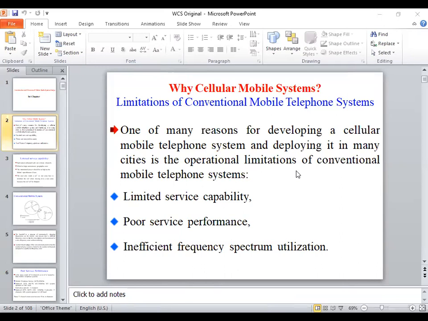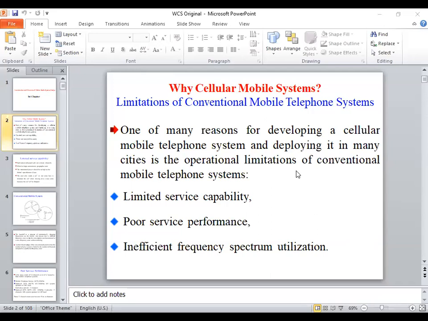Okay, we know that one of the many reasons for developing a cellular mobile telephone system and deploying it in many cities is the operational limitations of the conventional mobile telephone system, that is limited service capability.